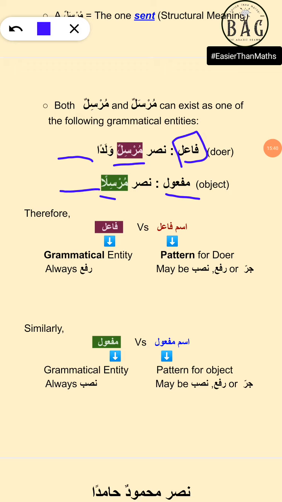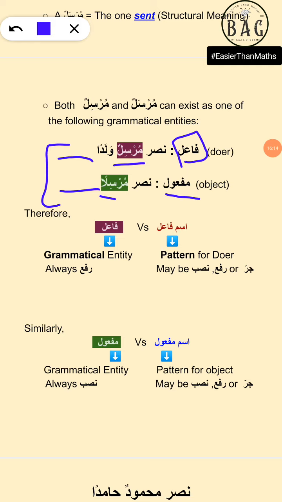And in the second scenario, it has been used as the grammatical entity of maf'ul, therefore it has been made nasab. But in both the scenarios, the meaning remains the same: mursilun, once again a sender, and mursilan, once again a sender.